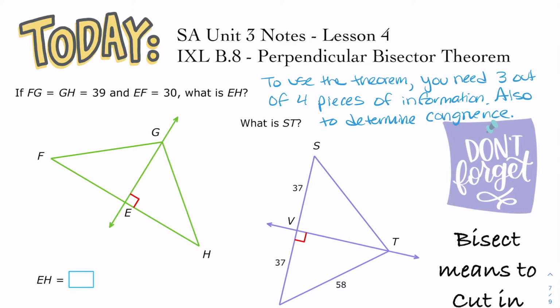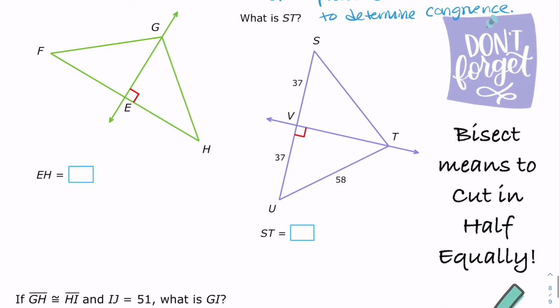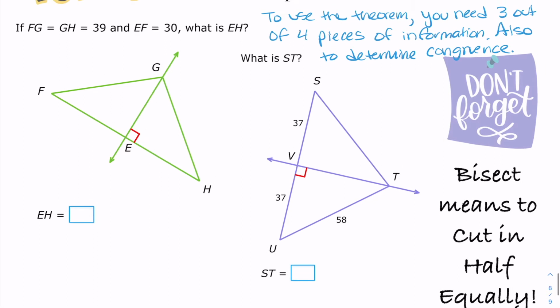Okay? And what does it mean to bisect? Bisect means to cut in half equally. So we're cutting something in half equally. So let's take our first example. FG, it says FG is equal to GH is equal to 39. So FG here is 39, and so is GH. So that's what I meant by 3 pieces.